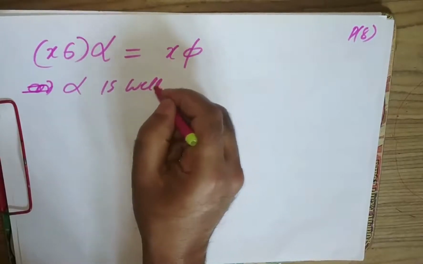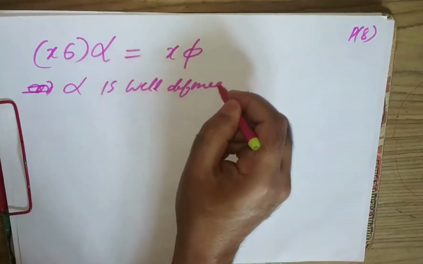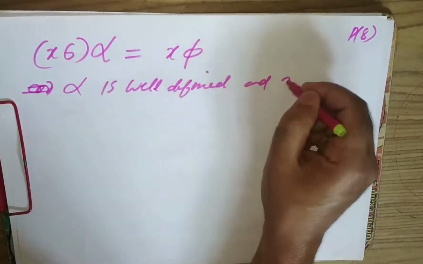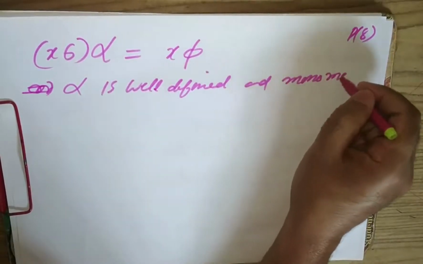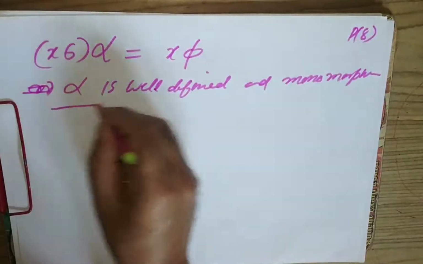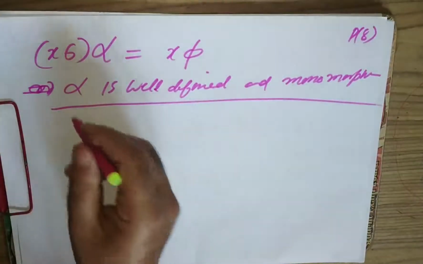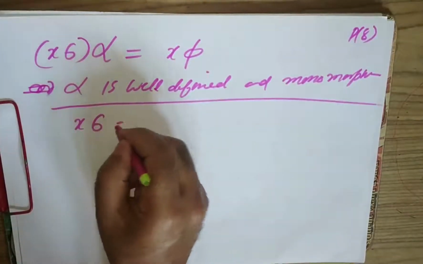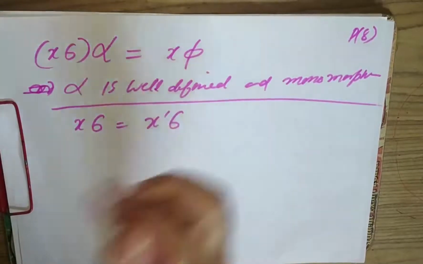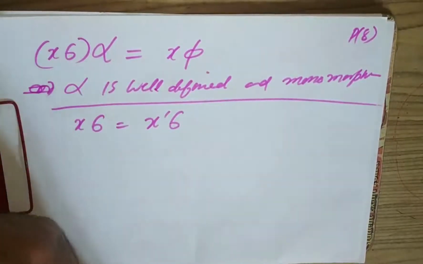Alpha is well defined and a monomorphism. For well defined, suppose these two elements are equal. I have to show that their images under alpha are equal.